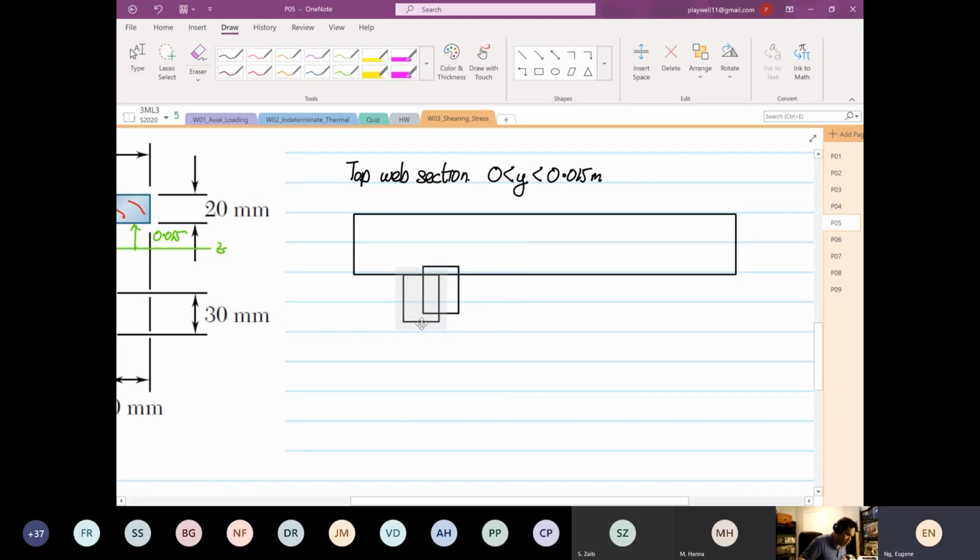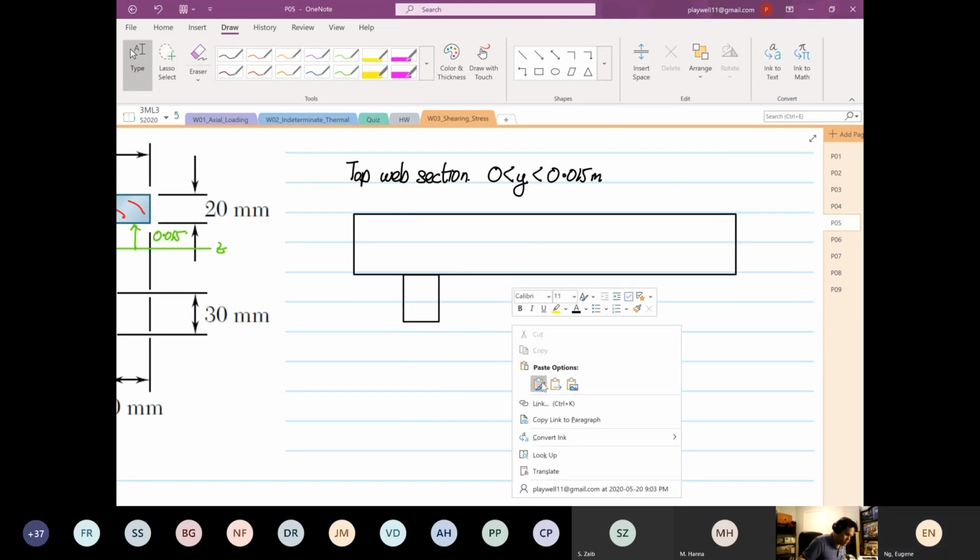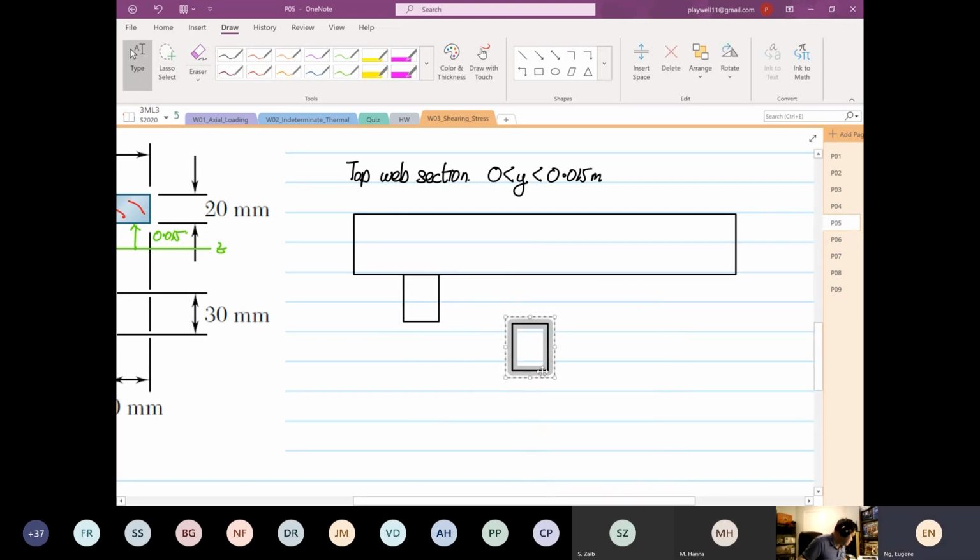So this is one part. This is the other part. This is the other web. So you can see this now. And then this is our ZZ axis.